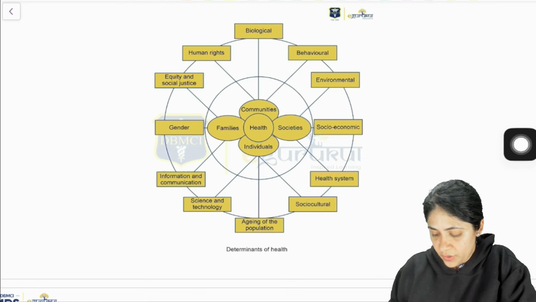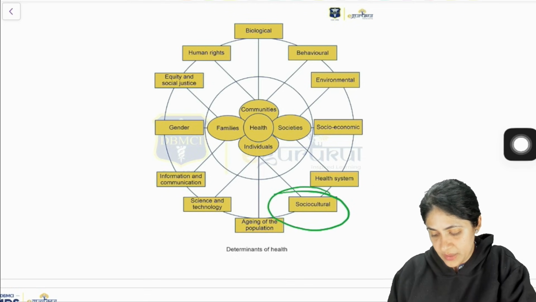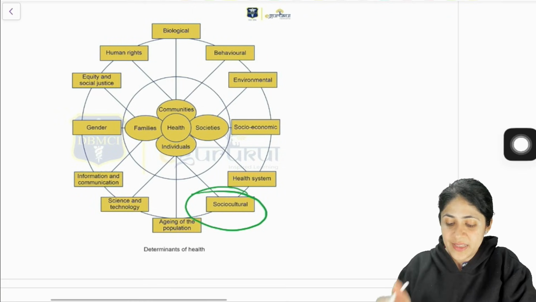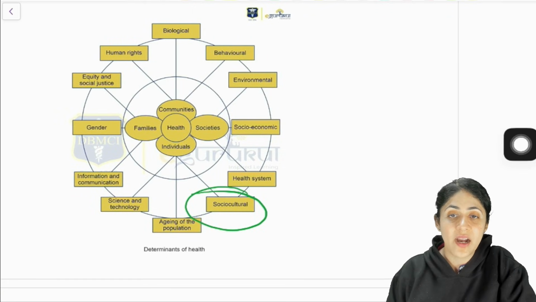Now there are socio-cultural determinants and there are social determinants. The commission said that social determinants are the structural determinants, the conditions of daily life which are responsible for a major part of health inequities.